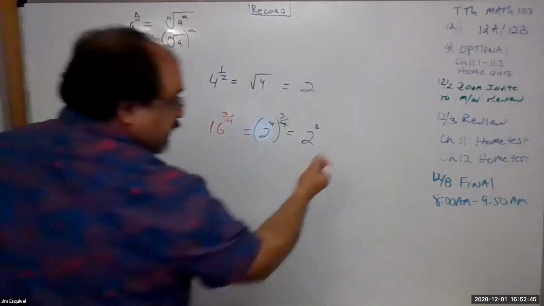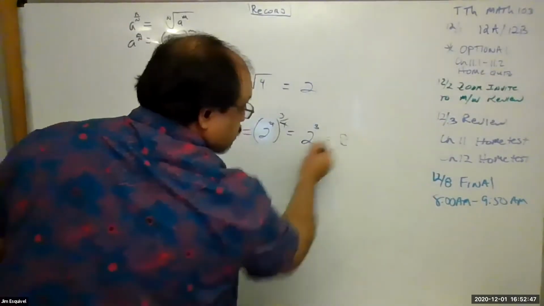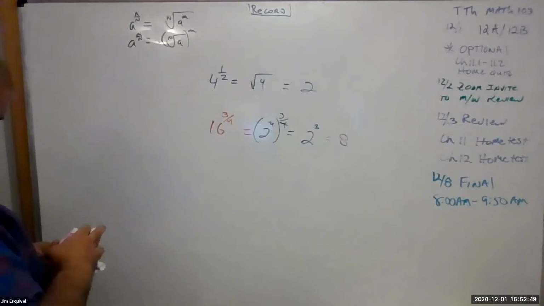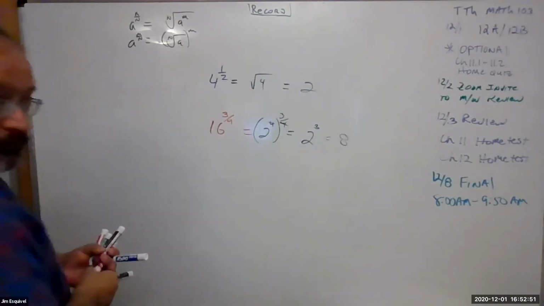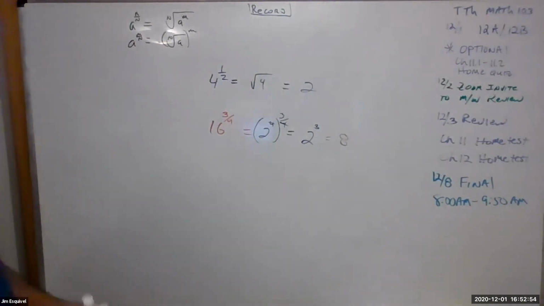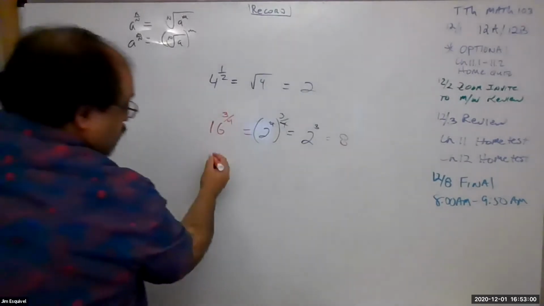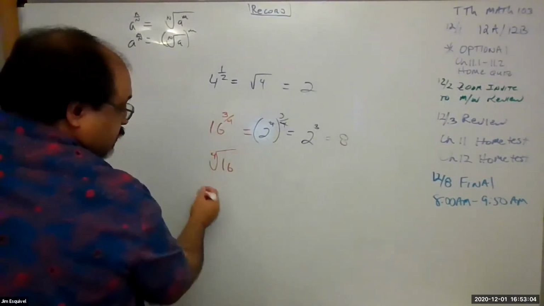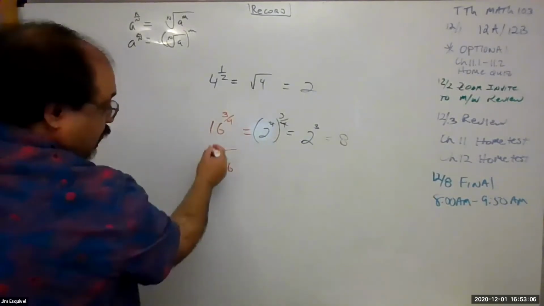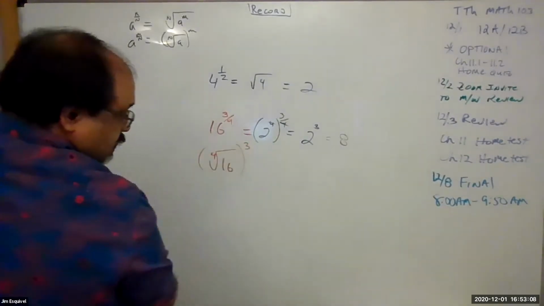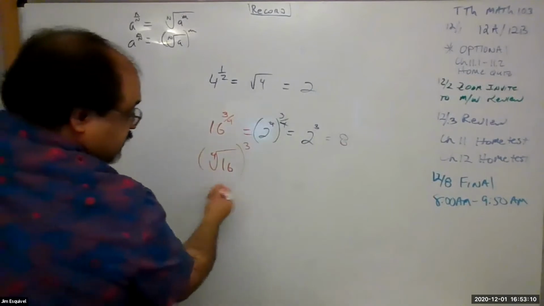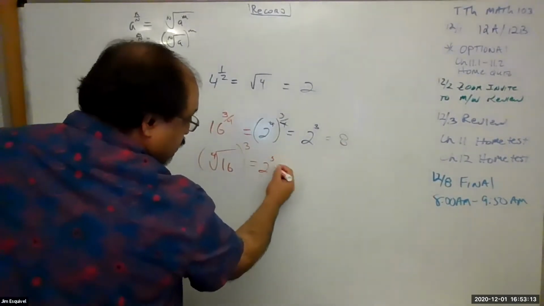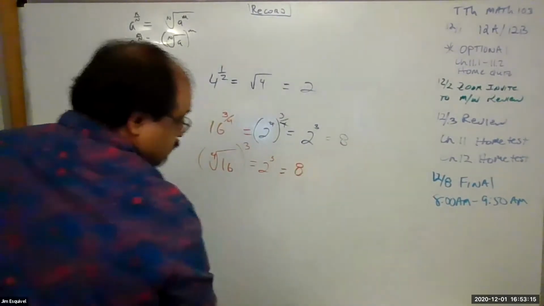And then 2 to the 3rd is 8. Okay, absolutely fine. It does work. But the whole idea is it's also the 4th root of 16, which is a perfect fourth power, to the third. The fourth root of 16 is 2 to the third, and 2 to the third is 8.